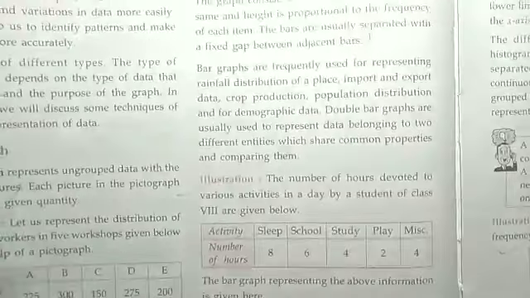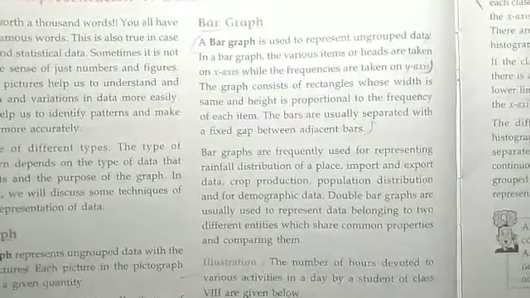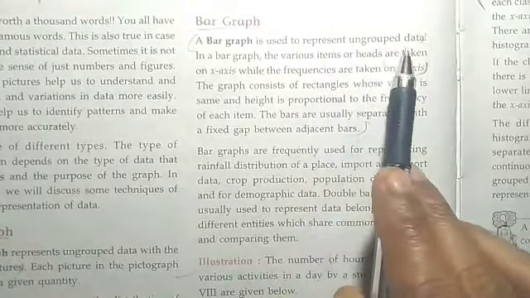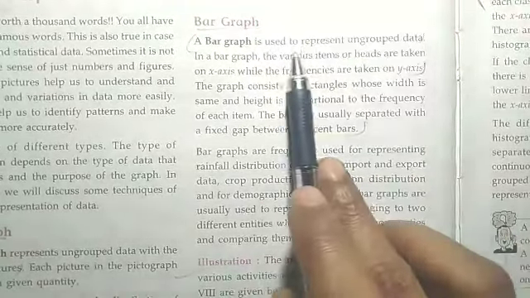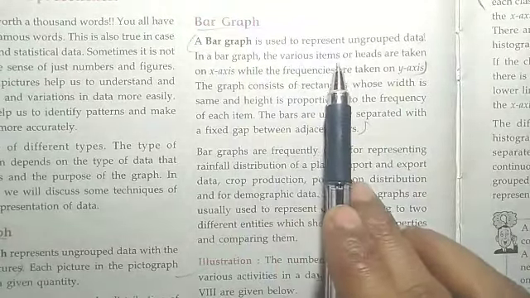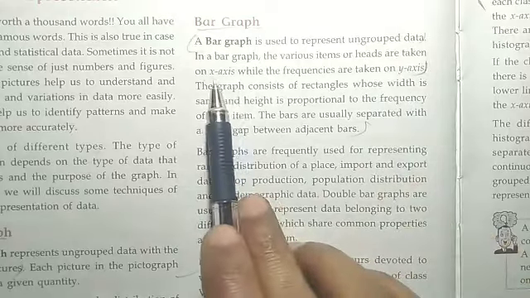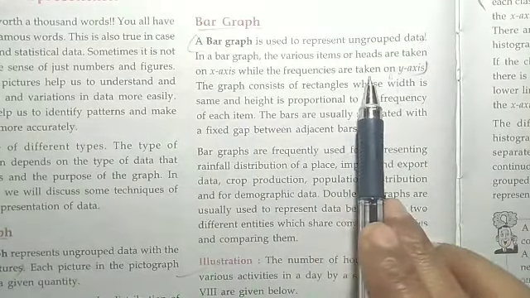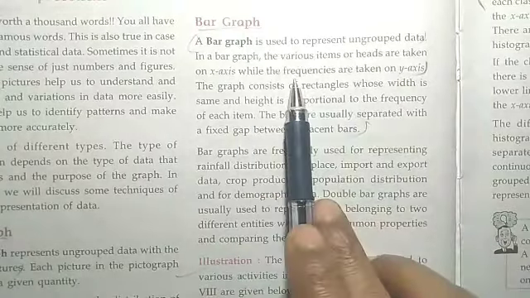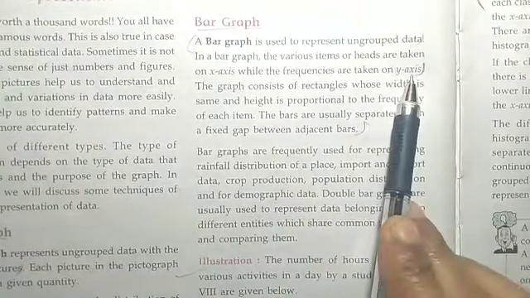Now the second one is a bar graph. That is an important thing. A bar graph is used to represent ungrouped data. In a bar graph, the various items or heads are taken on the x-axis while the frequencies are taken on the y-axis.